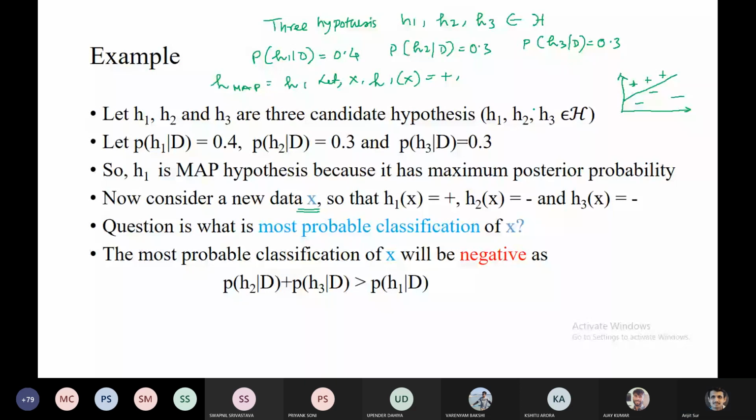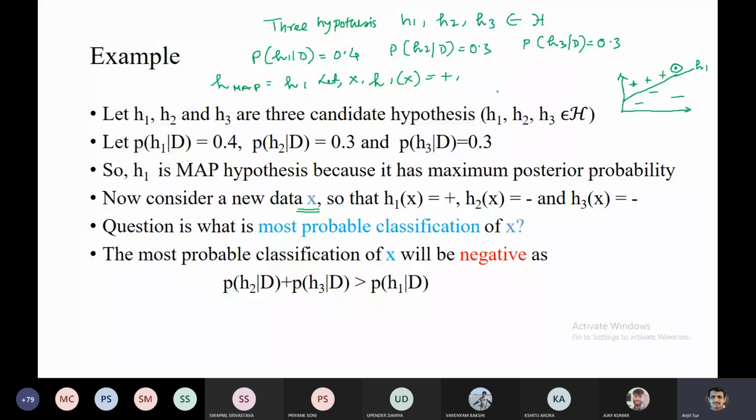Something like that. So h1 is basically plus. So this is the point actually. This is h1, so this is plus.